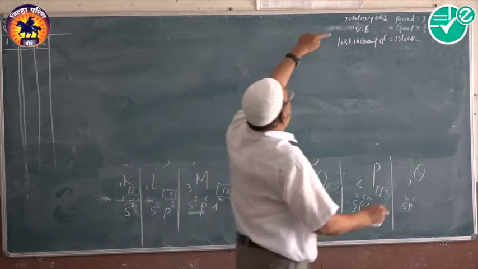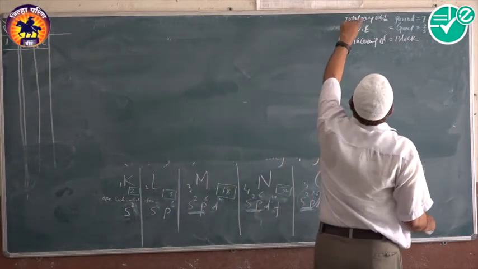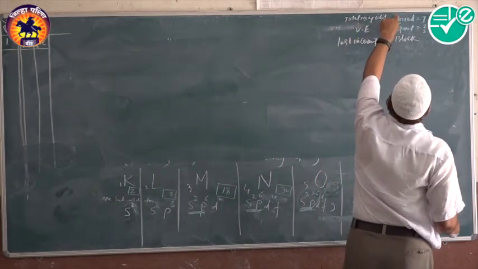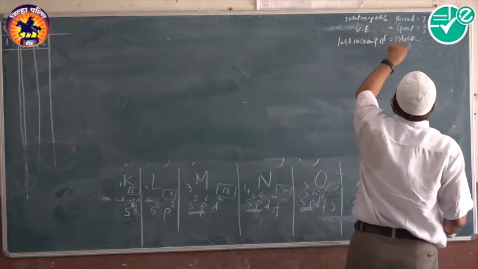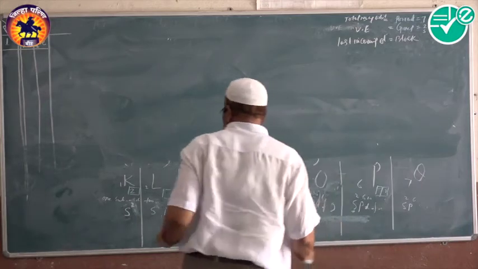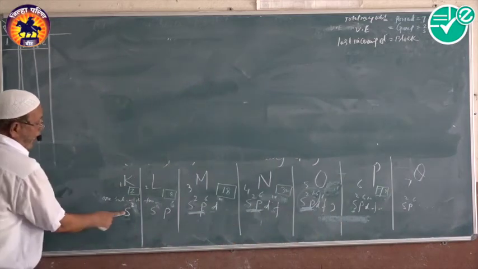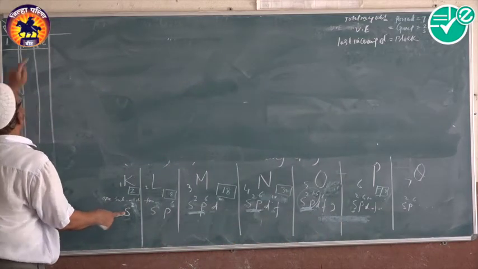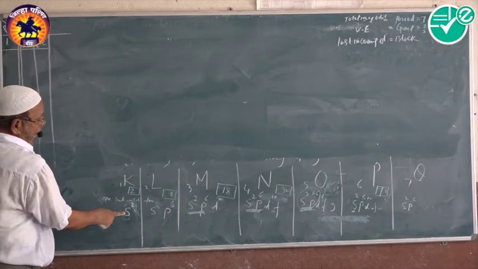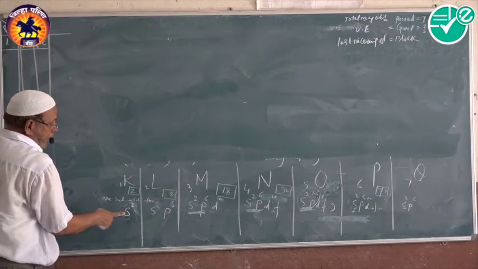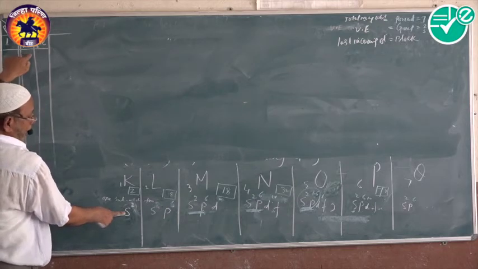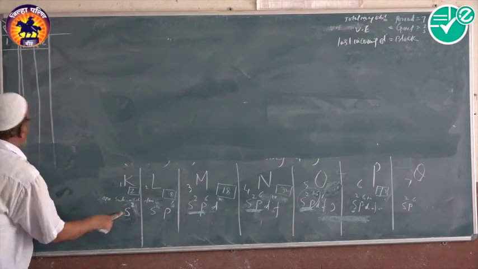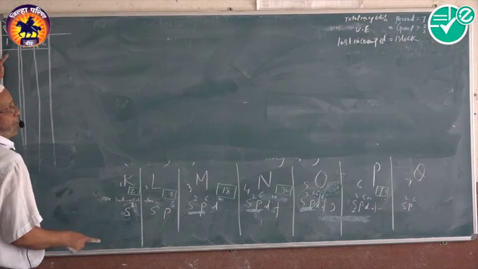As we told you, the total number of orbits equals the period, valence electrons equal the group, and the last incoming electron gives the block. Since helium has 2 electrons, hence second group, and the last electron is in S block, and the number of orbits is only 1, hence period is 1.